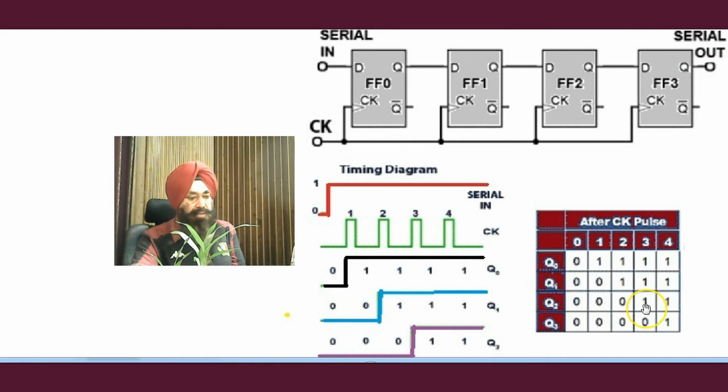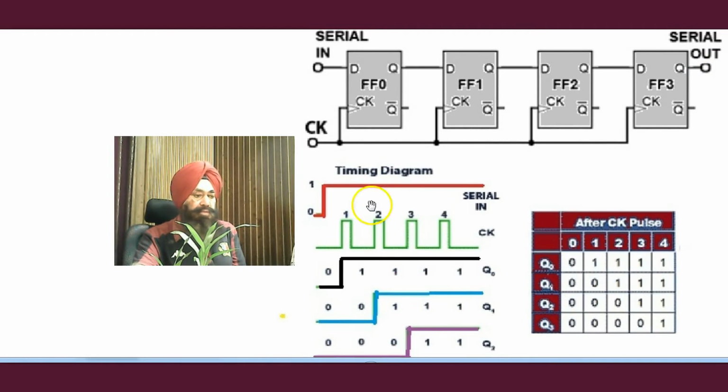So this one will be shifted here, this one here, this one here. And the last one here is 0. Now 1, 1, 1: 1 is here, 1 is here, 1 is here, and here it is equal to 0.